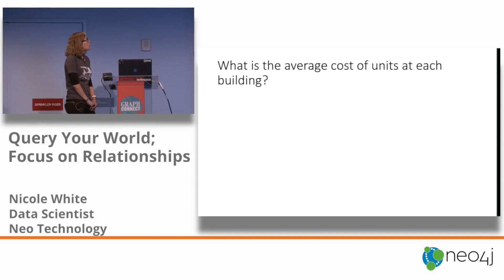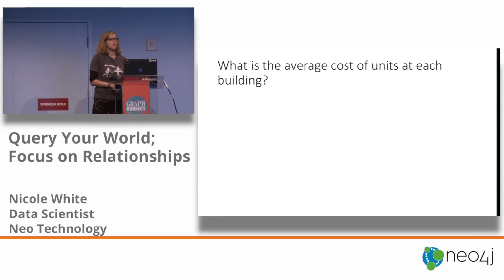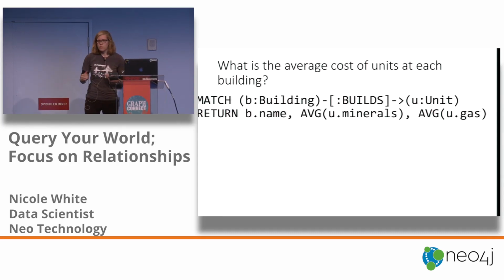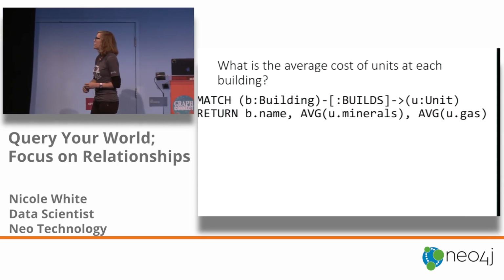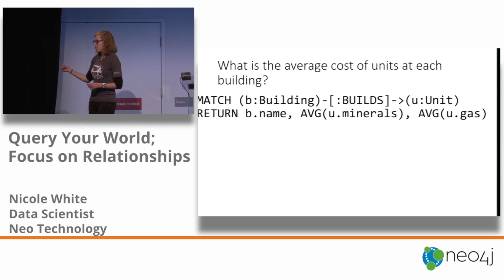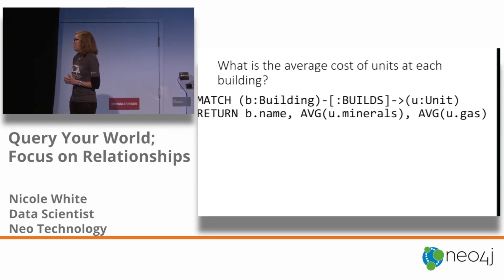Okay, so what is the average cost of units at each building? So intuitively, you'll probably think, oh, we're going to need a group by for this. But there's no group by in Cypher. It's inferred from your return clause or with clause.